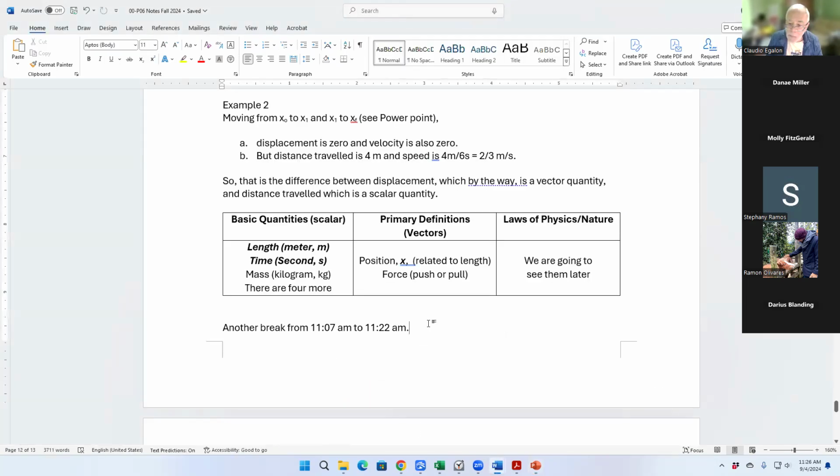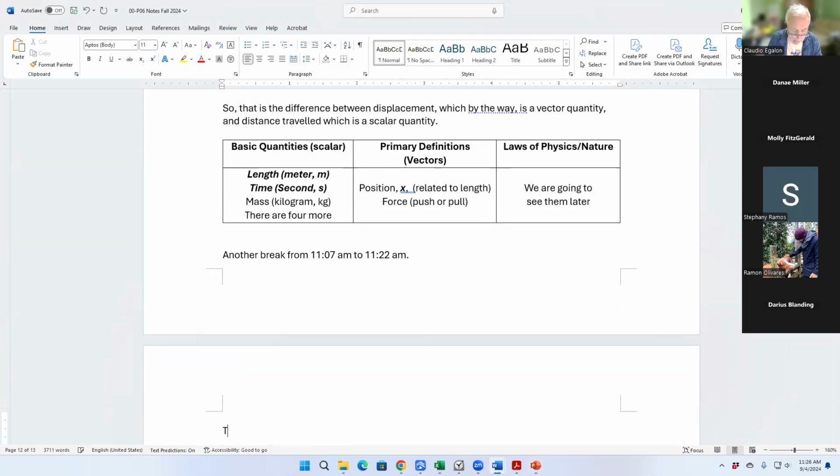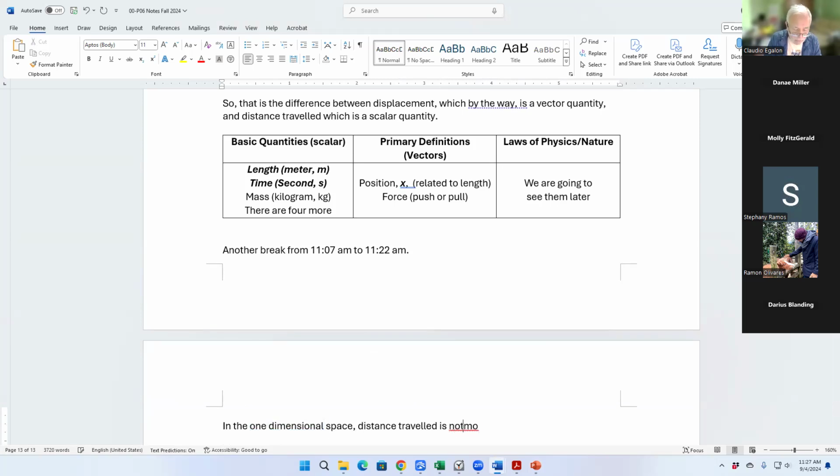The concept of distance traveled is more difficult. Let's put it this way. In the one-dimensional space, distance traveled is not difficult at all to calculate.